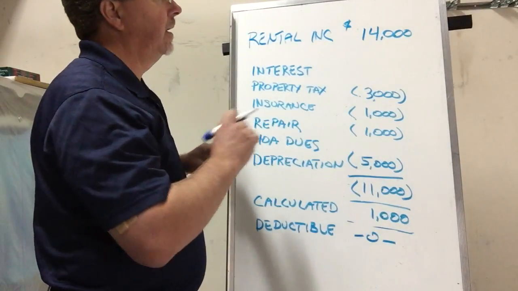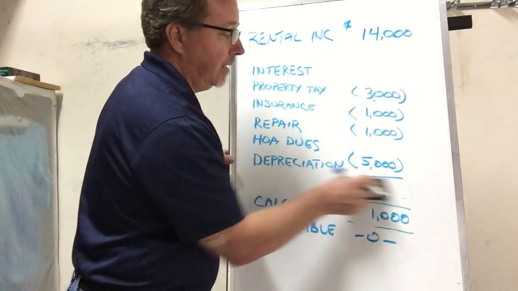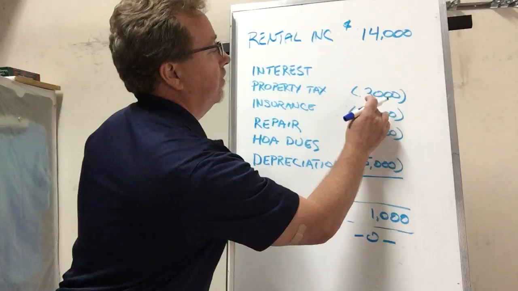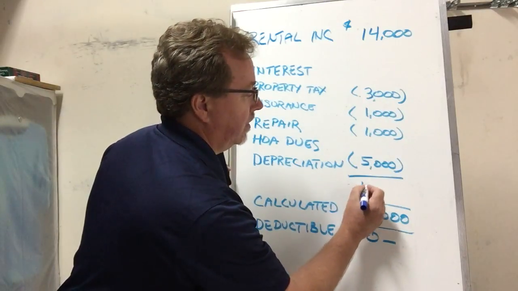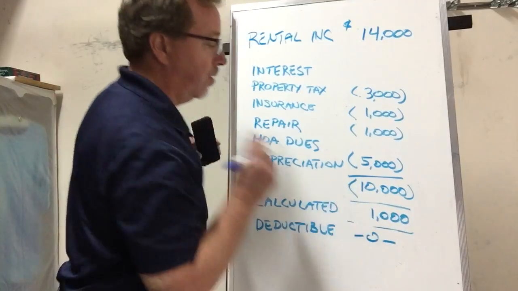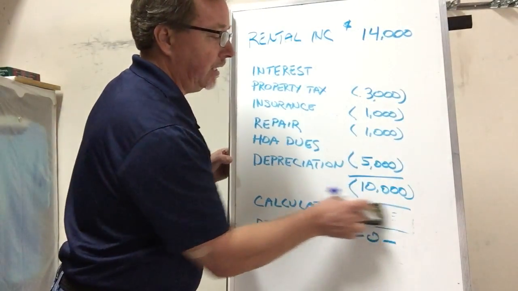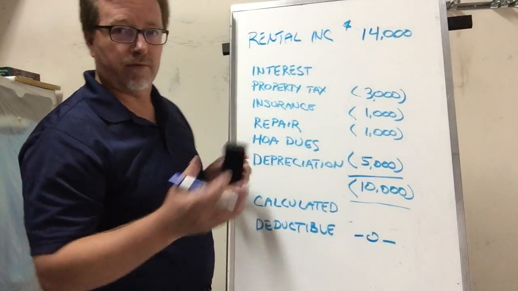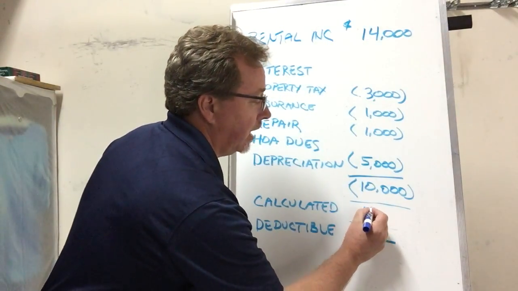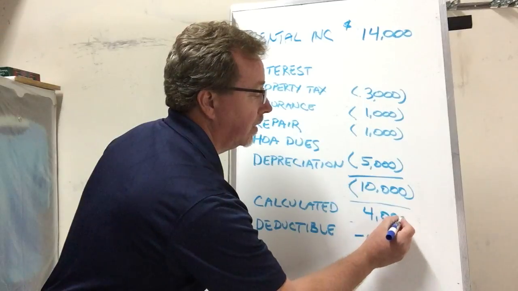And you add all this up, and that's 10, excuse me. So we're in year 4. So your calculated profit is 4 grand, right? Brought in 14. My expenses are 10. I got 4 left over.